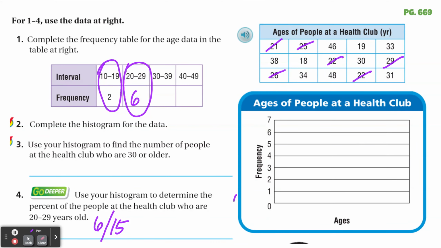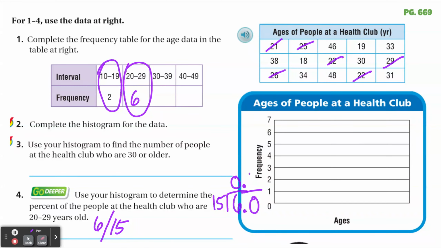All right, so what I can do is I can do 6 divided by 15, and that's going to get me a decimal. And from my decimal, we can change that into a percent. So if I have 6, I can't give you 15, so I have to put a 0, put a decimal, and then add another 0 behind that. So now I'm going to think about the number 60. Well, how many groups of 15 can we get from 60? So if I count, I can do 15, 30, 45, 60.